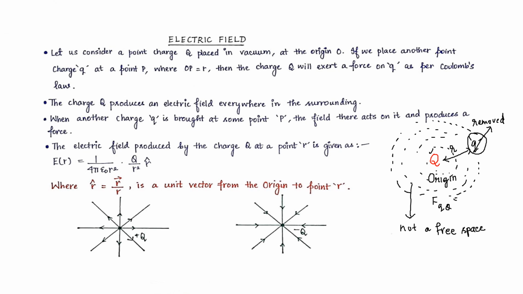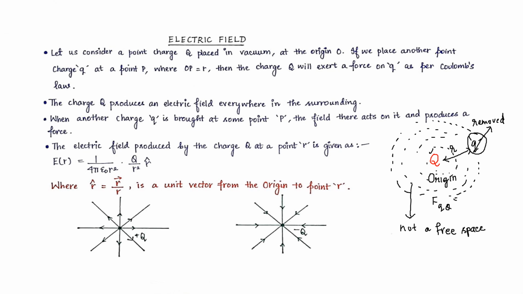So when we bring this small q charge near the capital Q charge, what happens? The small q charge feels a force which is happening due to the capital Q, and similarly our capital Q also feels a force due to the small q charge.